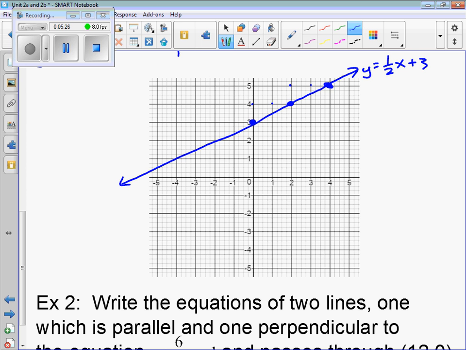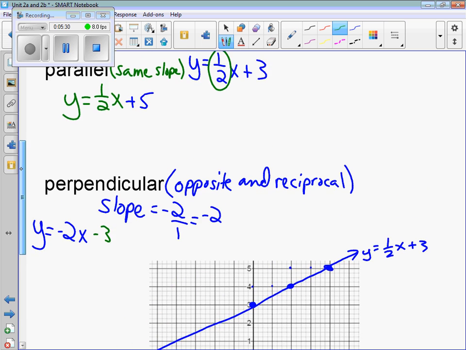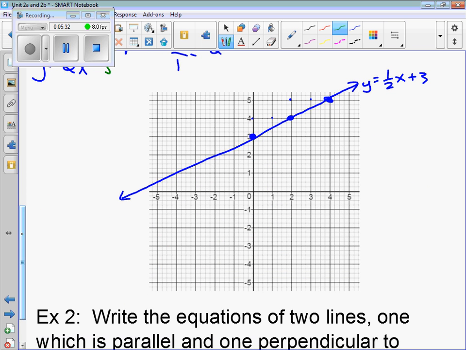My parallel line is y equals 1/2 x plus 5. So 5 is here. And then 1/2 x, so I go up 1 over 2, I'm off the graph. You can also go down 1 and left 2. Down 1, left 2. If you look, they're parallel. Yay.